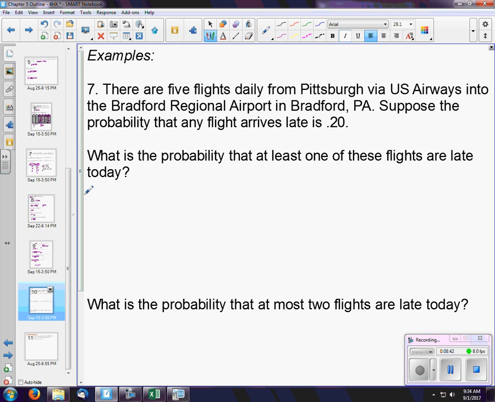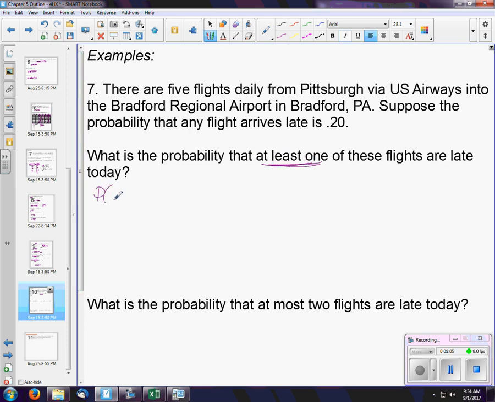Now let's take a look at how these apply to cumulative statements. Same question, but now, what is the probability that at least one of these flights is late? So we've learned in Chapter 4 how we could calculate something like this, and you don't actually need to know how to calculate a binomial probability to answer the at least one question. But think about what this is saying.